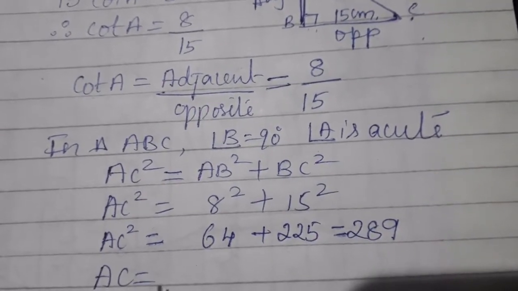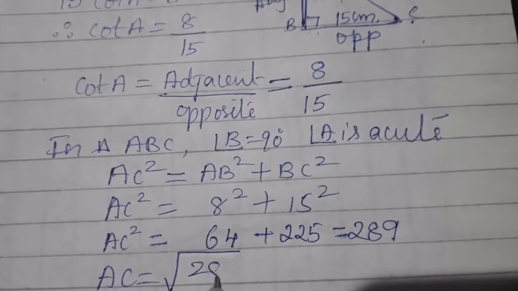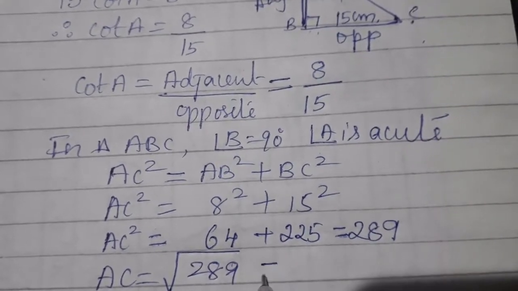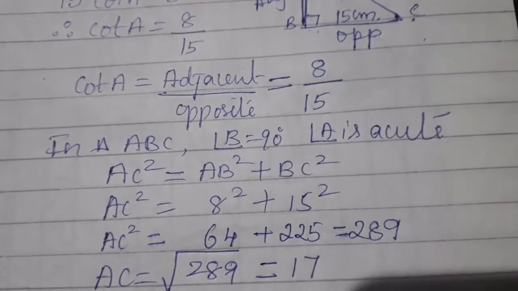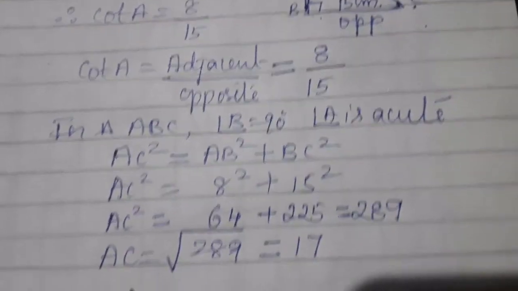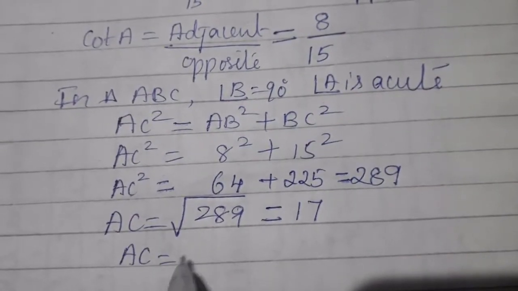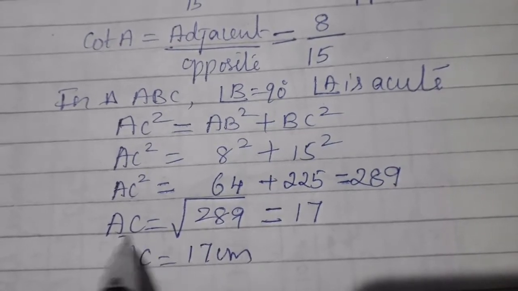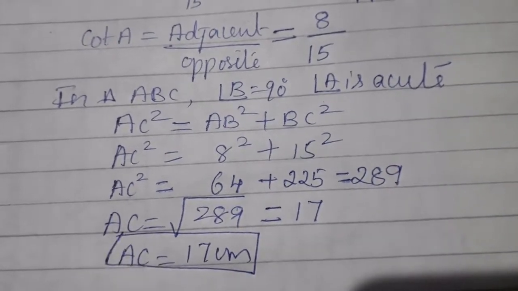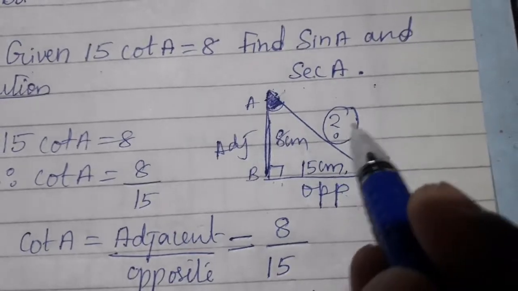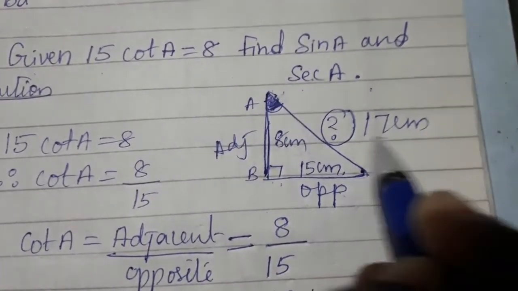Now I want AC. AC means square root of 289. The square root of 289 is 17. So I got AC is equal to 17 centimeters.